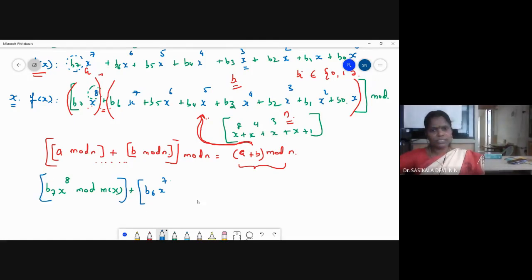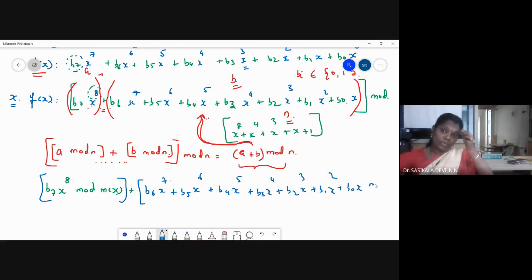So b6 times x power 7 plus b5 times x power 6 plus b4 times x power 5 plus b3 times x power 4 plus b2 times x cube plus b1 times x squared plus b0 times x power 1, the whole thing mod m of x. So this term is b, and this is a.